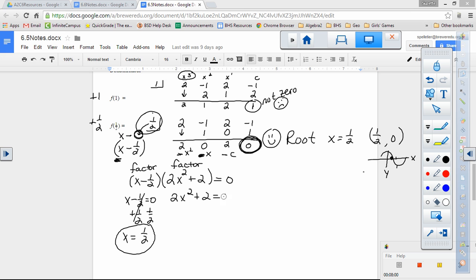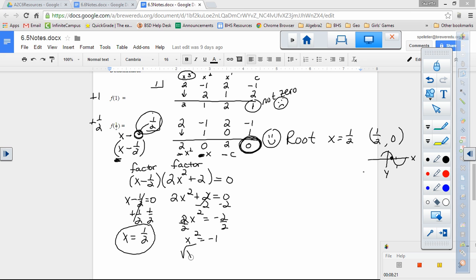So set it equal to 0. I don't need to use the quadratic formula for this one because I only have one variable. It's easy to isolate when I only have one variable. So 2x squared is equal to -2. Divide both sides by 2. x squared equals -1.